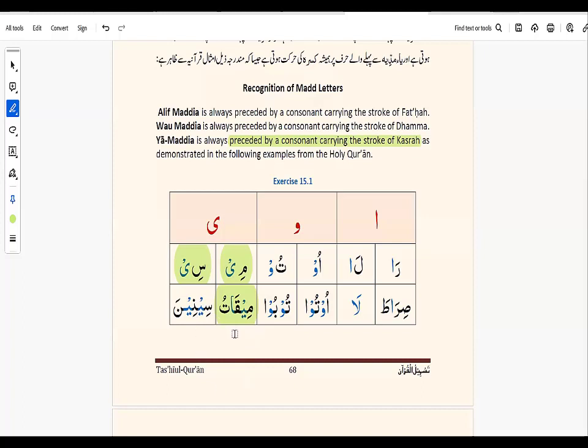And can we please have another student for this example? G1 712. G1 712. Assalamu alaikum wa rahmatullah. G1 712.